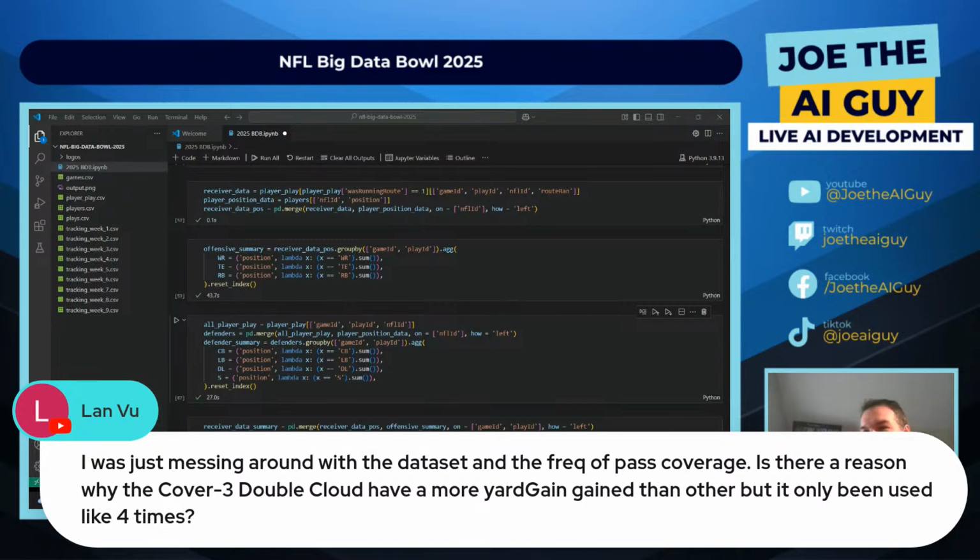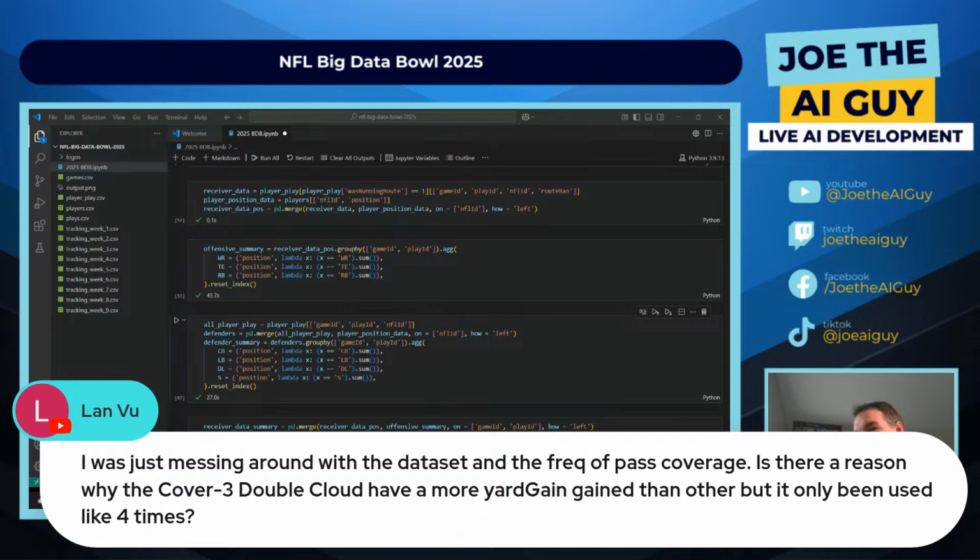So I'm seeing it's only been used 4 times, but I'm wondering if this was like a defense that was used against Hail Marys and had given up a few times, or depending on how you calculated your yard gain here, if it's only been used 4 times, but you're doing something like an average and there were a few outliers here, that would be why this would be coming up.